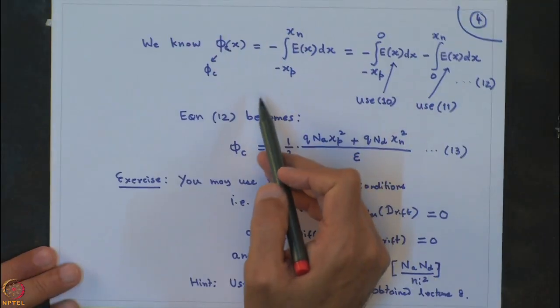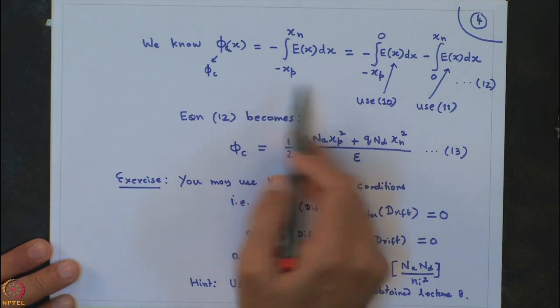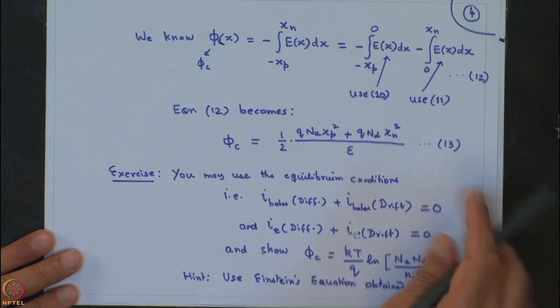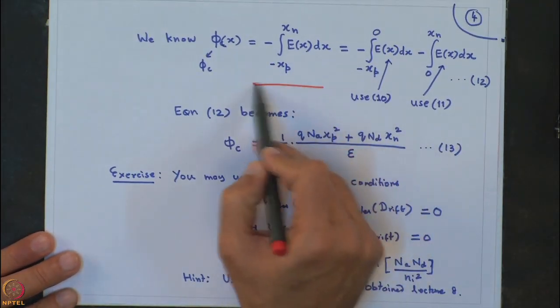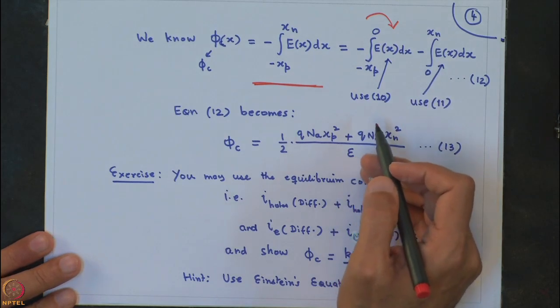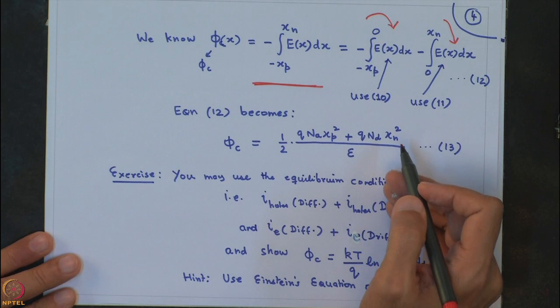Apart from this electric field variation, we would also like to see how the potential phi varies across the junction length. We know that phi of x is given by the minus integral of Ex with respect to x, if we are considering only x direction analysis. We can split this integral into two parts, one for the interval minus xp to 0 and the other for the interval 0 to xn.